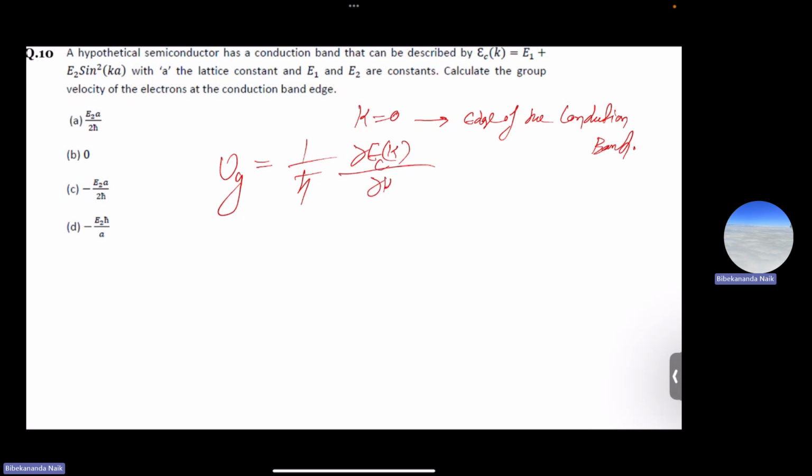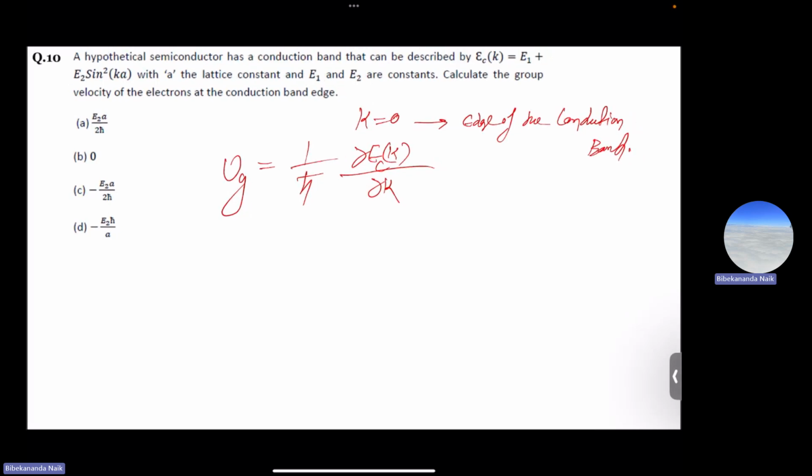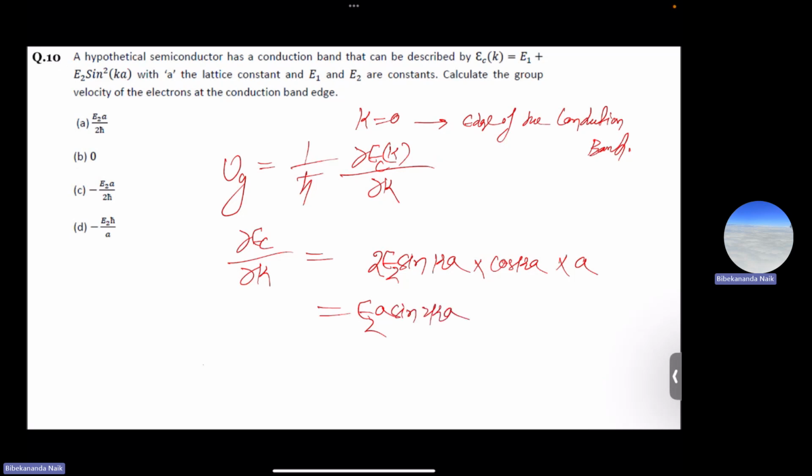So we know del Ec by del k will be 2E2 sin Ka into cos Ka into a, which is E2 a sin 2Ka.